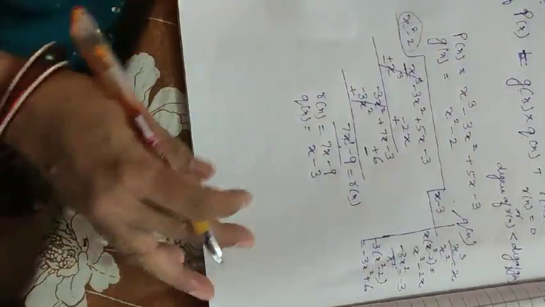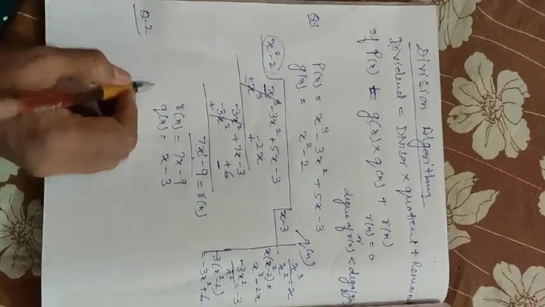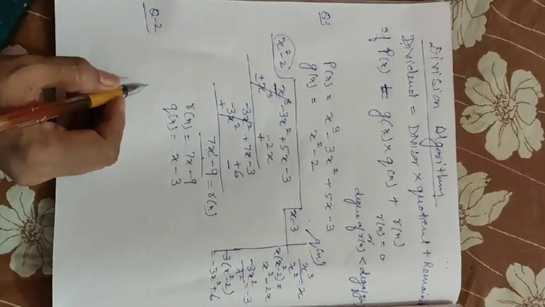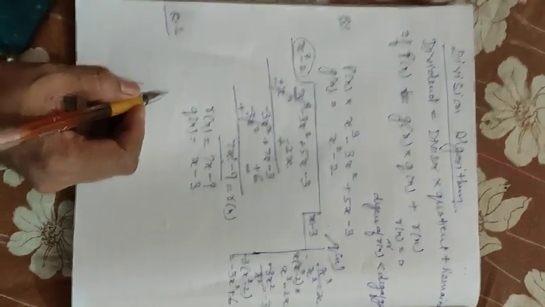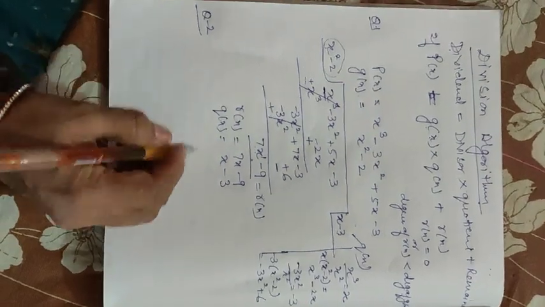Let's have a look at one more question. Question number 2 in the exercise says, check whether the first polynomial is a factor of the second polynomial by dividing the second polynomial by the first polynomial.